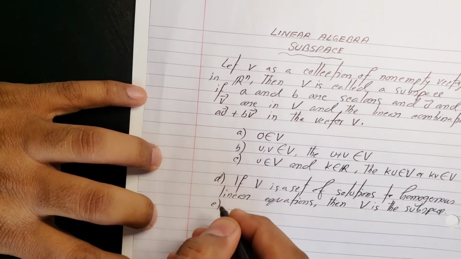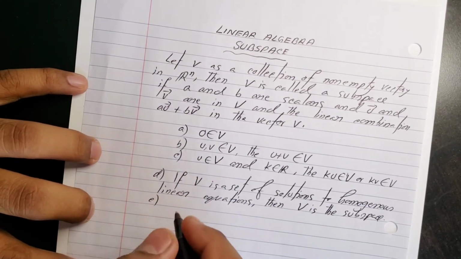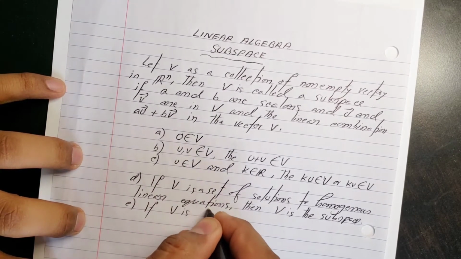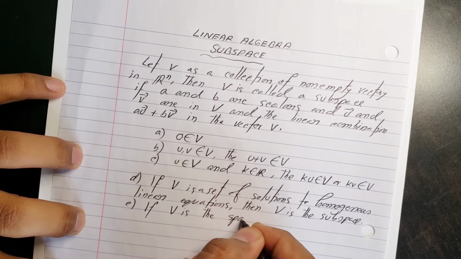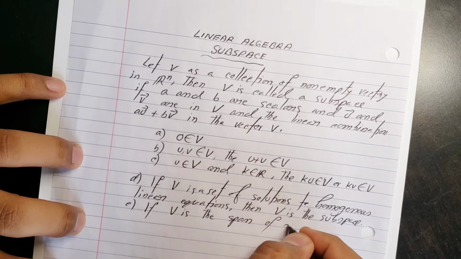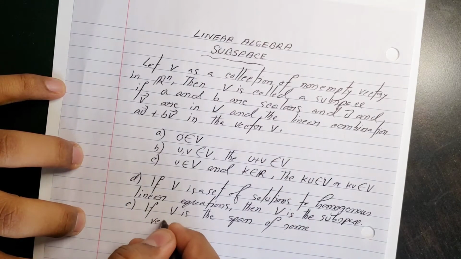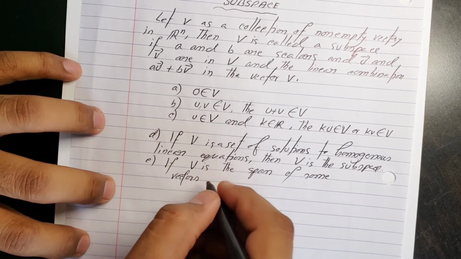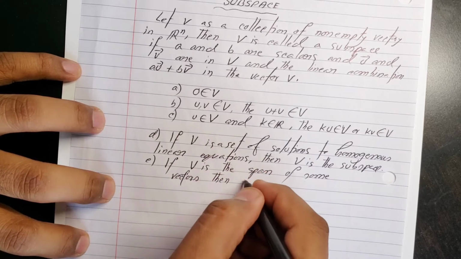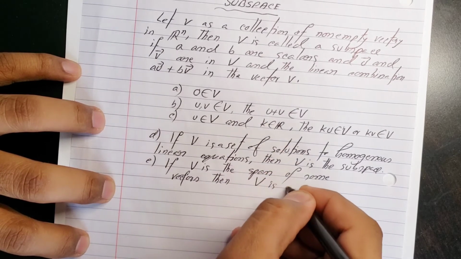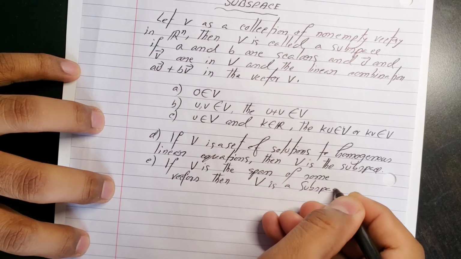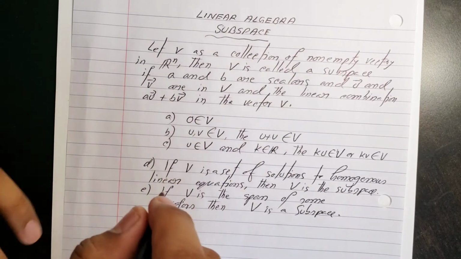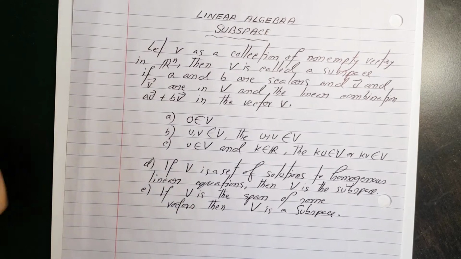We can do another test, which is if V is the span of some vectors, then V is a subspace. So these are the definition and theorems to identify if a vector is a subspace or not.